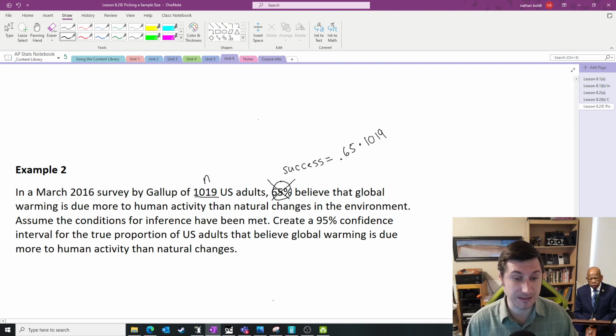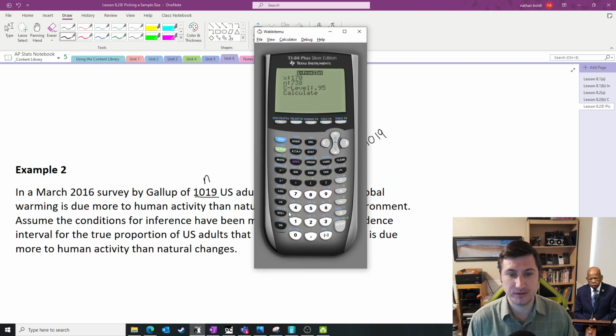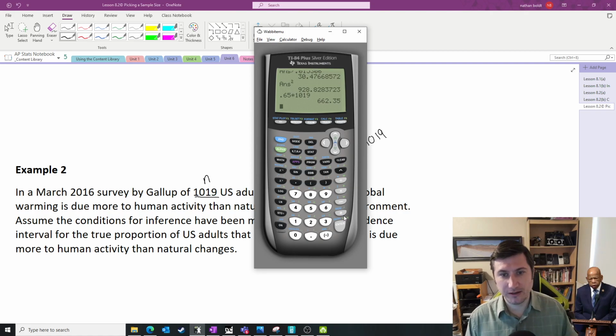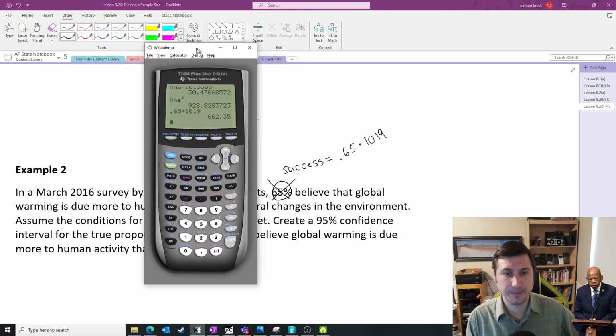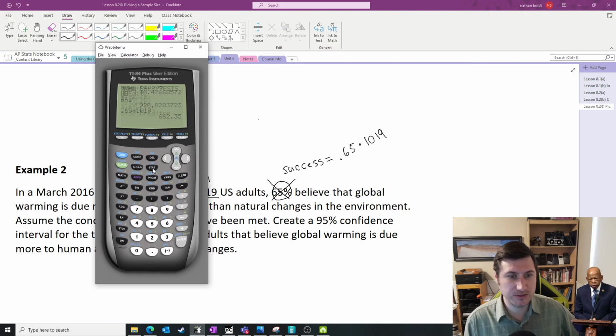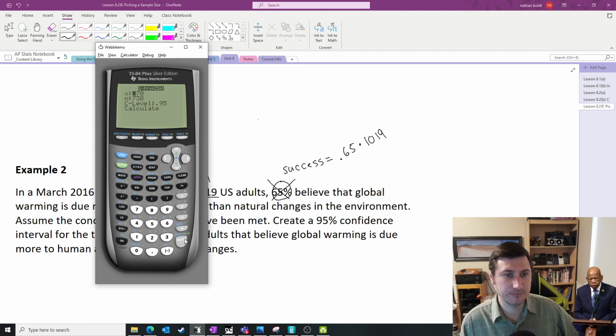N times P, right? We've done that many times. So 0.65 times 1,019. So this is a little round off error. You can't have 0.35 people. So 662 is what we're going to use here. So now when I go stat, tests, 1 proportion Z interval.